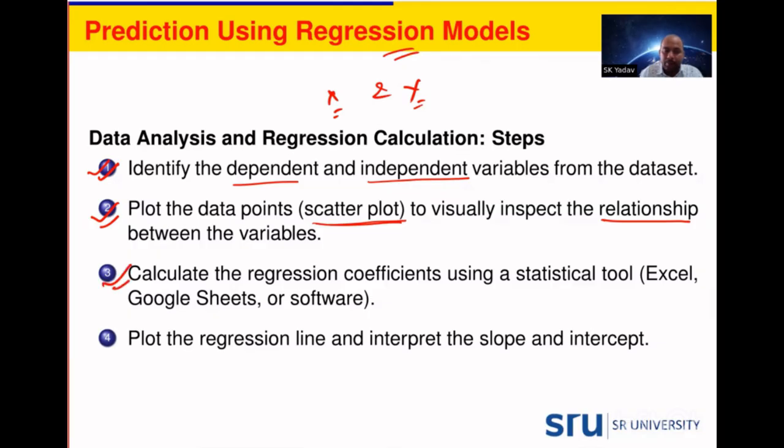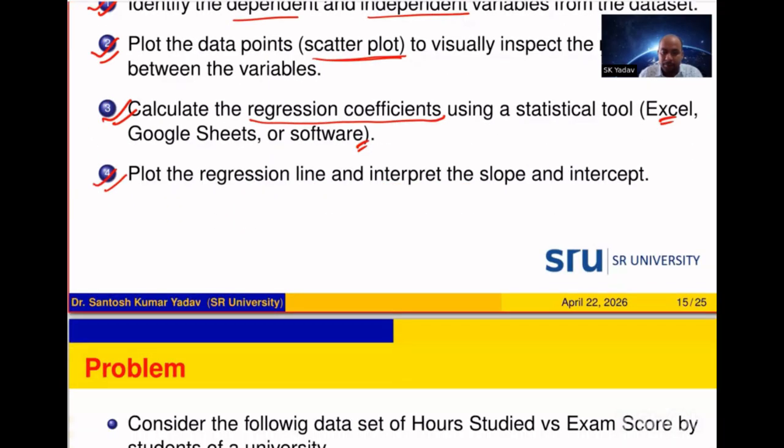And then I can compute the regression coefficients like A and B in case of linear fit and A, B and C in case of the parabola. This can be done via Excel or some software in Python or simple coding. And then I can plot the regression line and find out the slope and intercept.